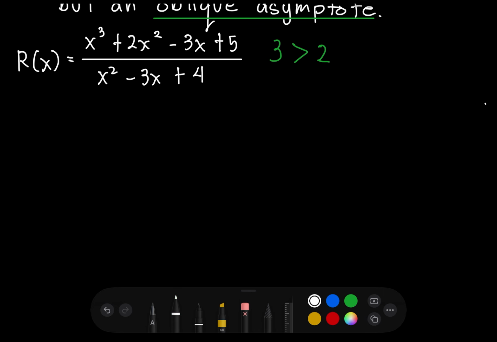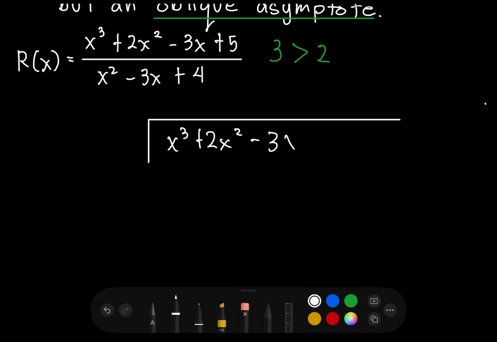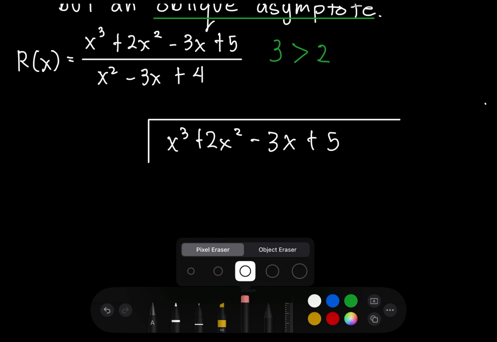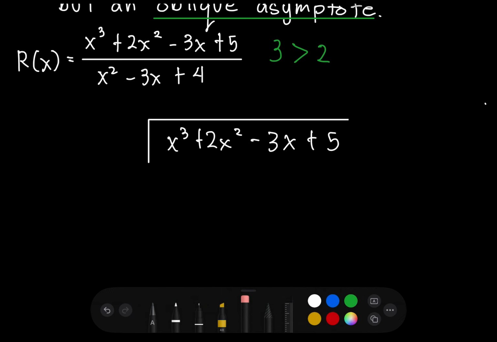Yung numerator, ilalagay natin siya sa loob. That is x cubed plus 2x squared minus 3x plus 5. So, parang nagdi-divide lang tayo dyan ng mga numbers. But in this case, meron na siyang variable. Then, the denominator, yan yung nasa labas. That's x squared minus 3x plus 4.